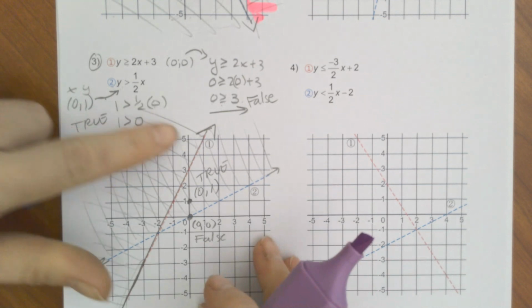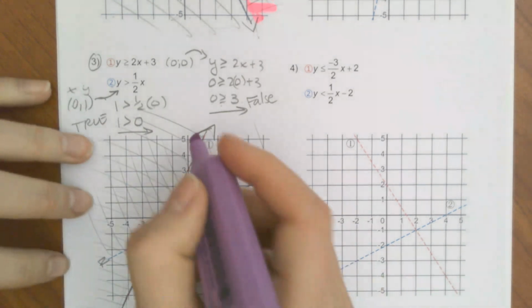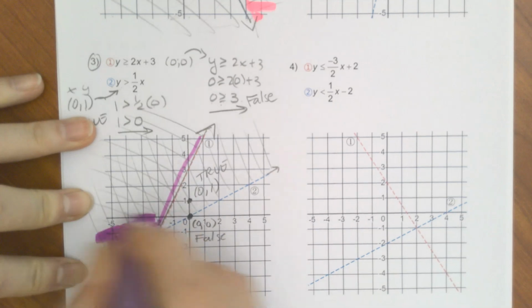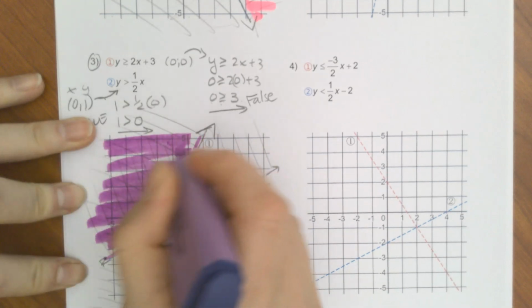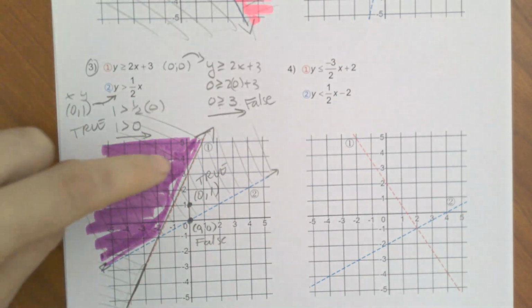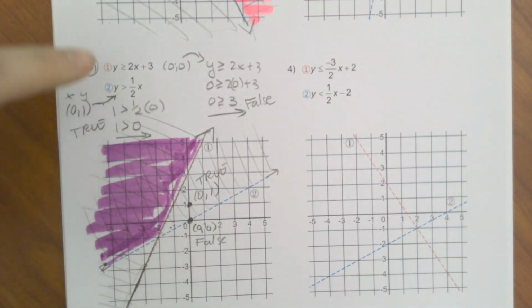I can see this area has been shaded twice, so this is my solution set, this part here. So that means if I take any point from here and substitute it into these two inequalities, both of them will be true statements.